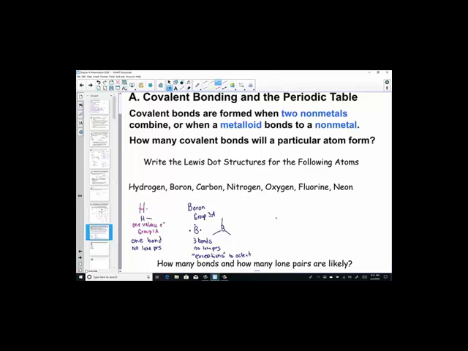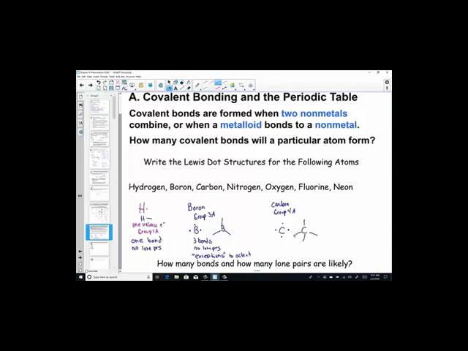Let's go over to carbon next. Carbon, who lives in group 4A, we place its electron dots, one around each side. There's the electron dot symbol for carbon as an atom. Now I can see that carbon itself has 4 open spots for bonding. So it's likely to have 4 bonds.